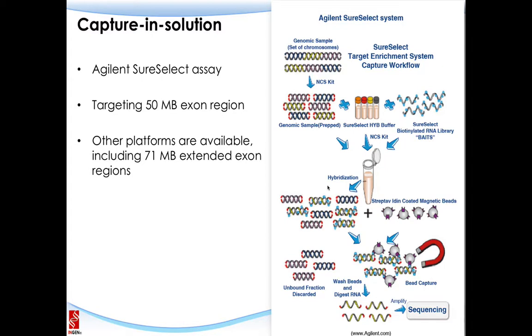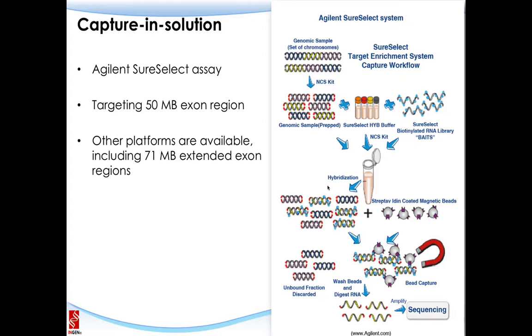This is a figure from the Agilent SureSelect assays, which I will go through a little bit. This one targets about 50 bases of the exon regions, and they have some platforms targeting 71 bases, and now another one targeting 45 bases. The way they do that is very, very similar to the exon array.